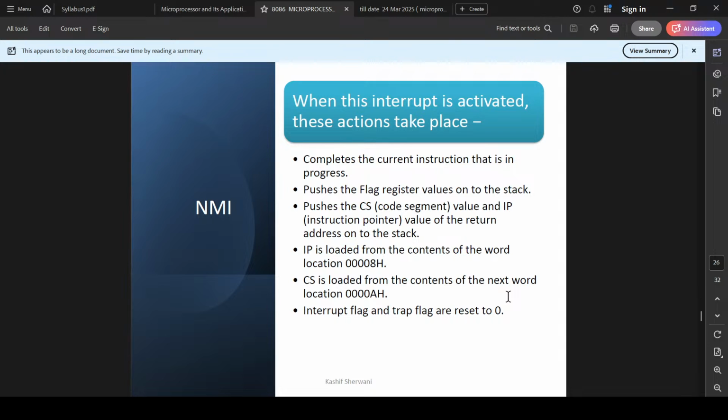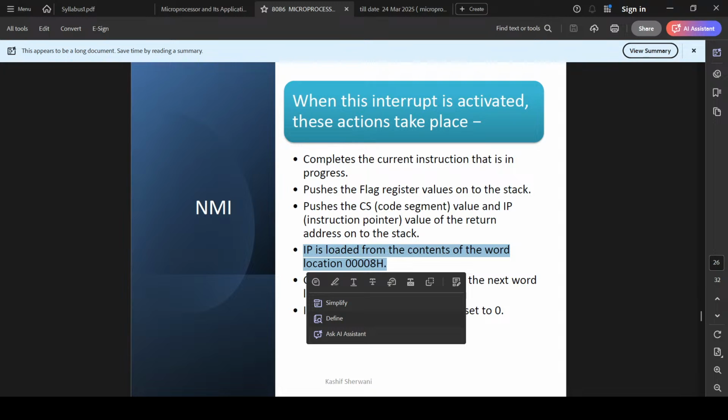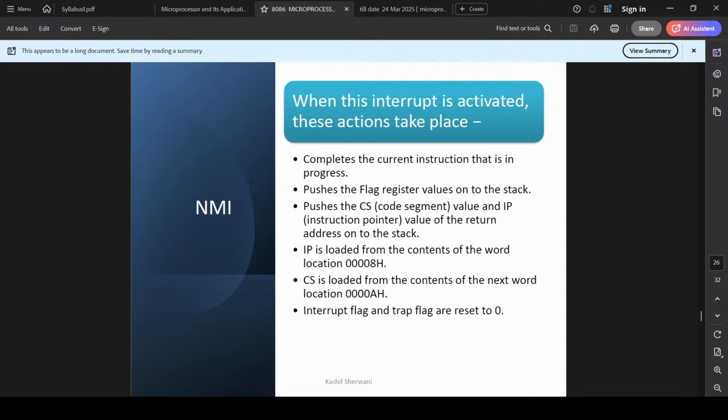Loaded from the contents of the word location. Let's see what this line means. I'll just copy it into Gemini. Is 0008H an example, or is it always like this?